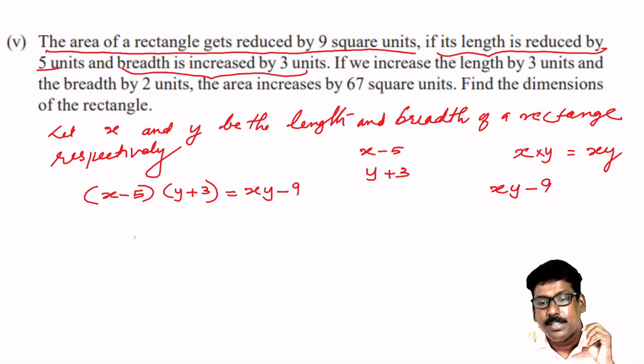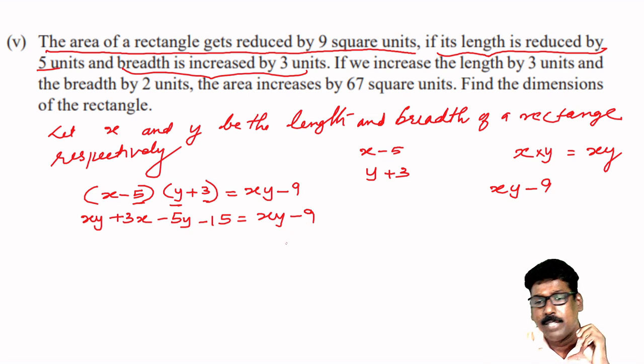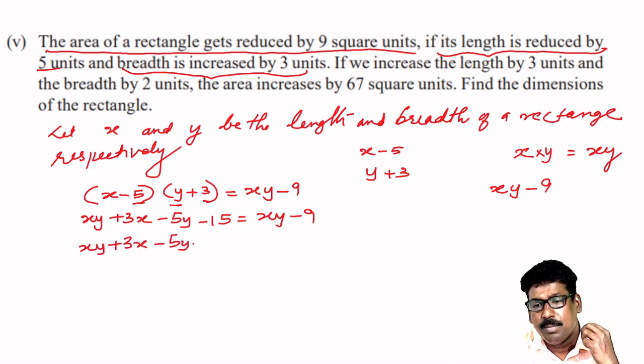Now simplify it. You multiply x into y plus 3: x into y, xy, x into plus 3, that is 3x. Now minus 5 into y, that is minus 5y. Now minus 5 into 3, that is minus 15, is equal to xy minus 9. Now take all the terms to one side: xy plus 3x minus 5y minus 15, then transposing xy, you will get minus xy.